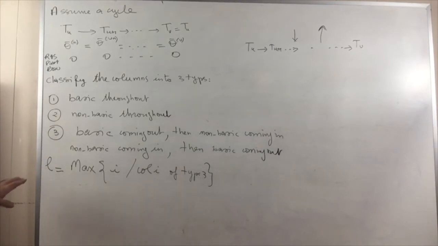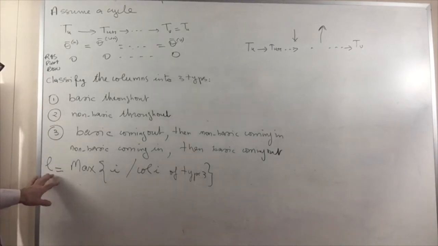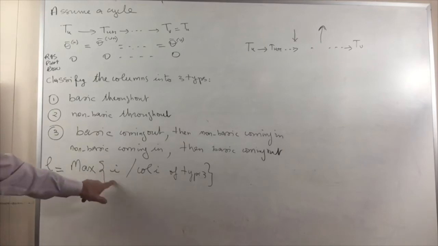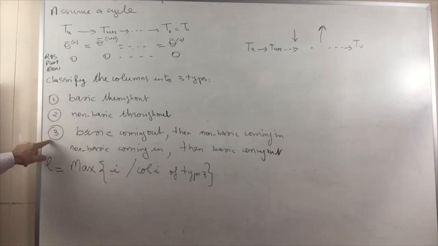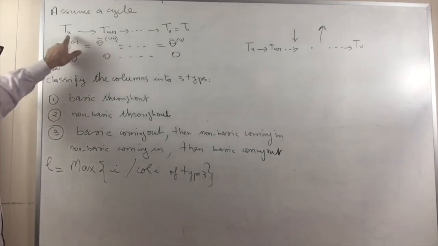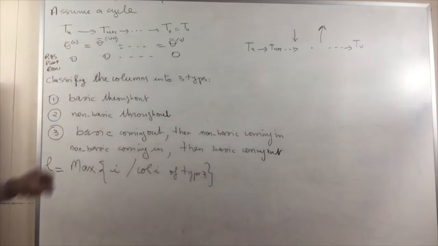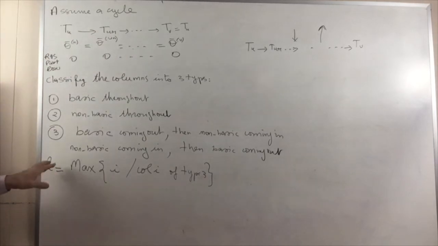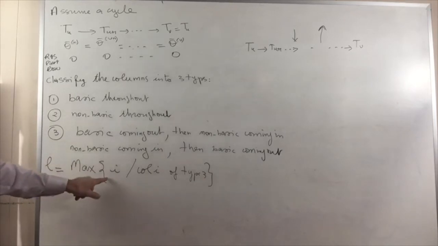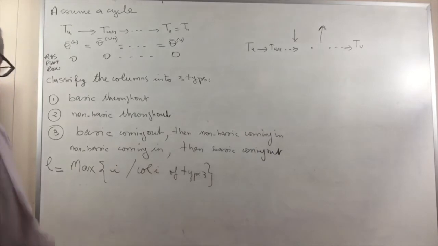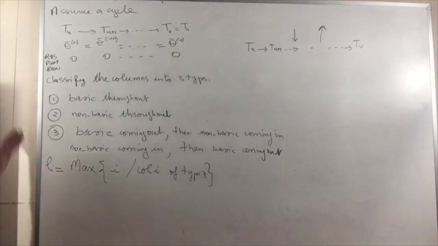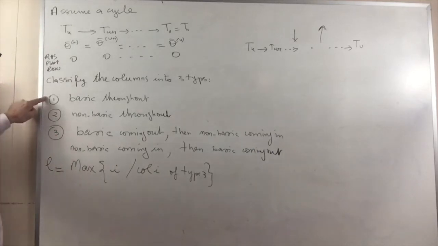This maximum is well defined, because we can't have only type 1 or type 2. We have to have some of type 3, because TU plus 1 is different than TU. So L is the maximum index of the column such that column I is of type 3. So all the columns after L have to be either type 1 or type 2.